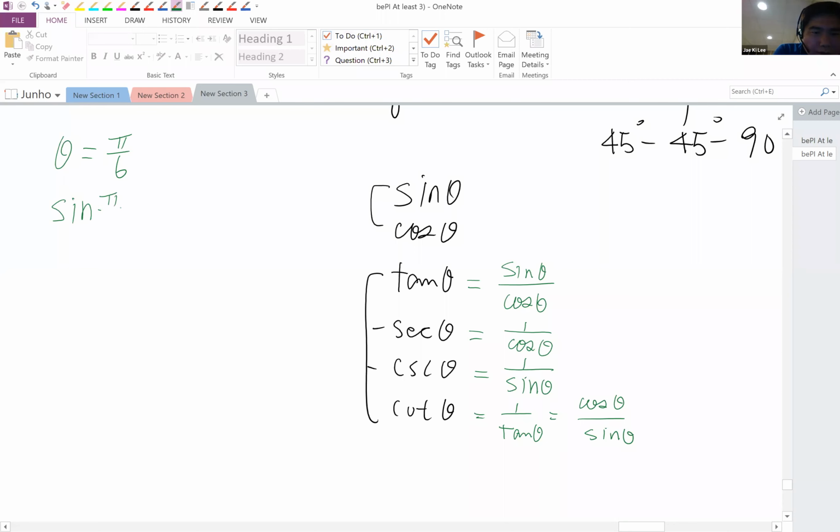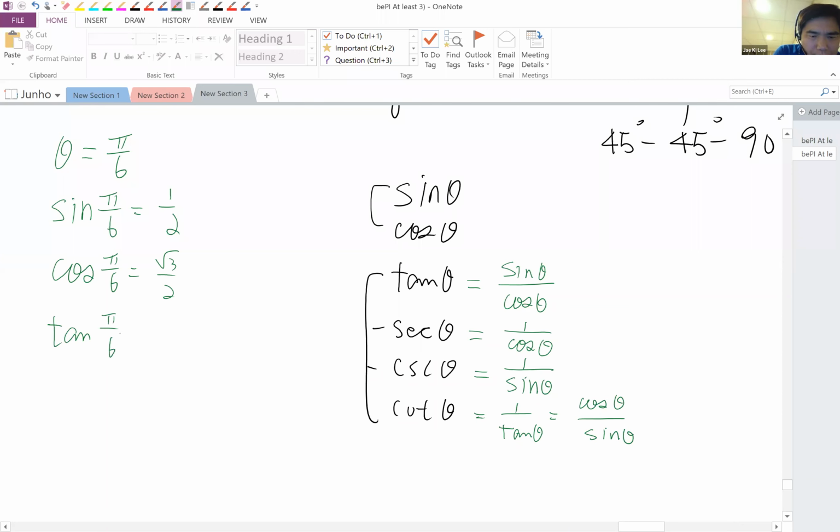Sine pi over 6 is 1 over 2. Make sense to you? Okay. The cosine pi over 6 is root 3 over 2.